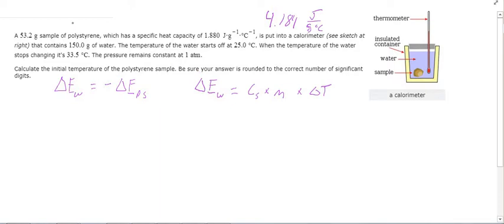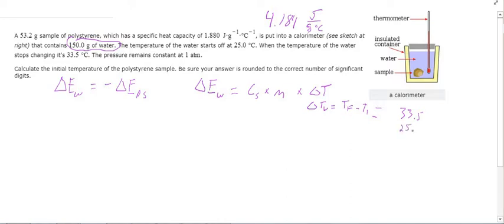Okay, so we have the specific heat of water. We know the mass of the water, 150 grams, right there. And we can calculate the change in the temperature of the water. So the change in temperature of the water is going to equal the final minus the initial. In this case, the final is 33.5 minus 25.